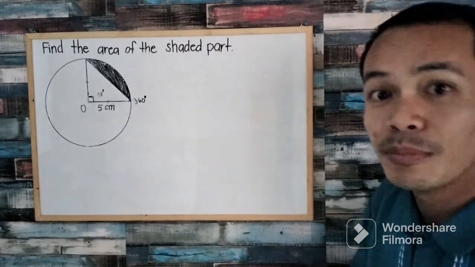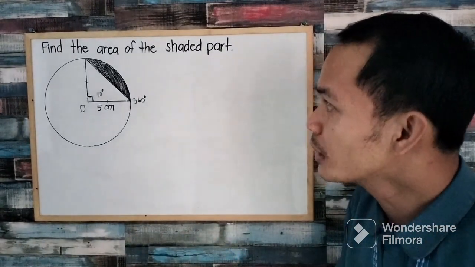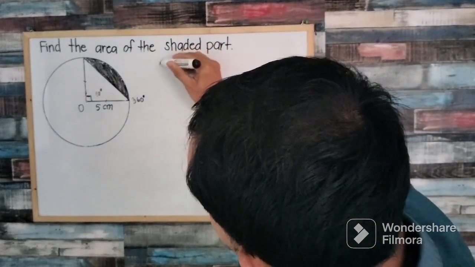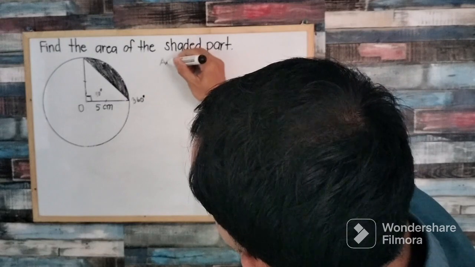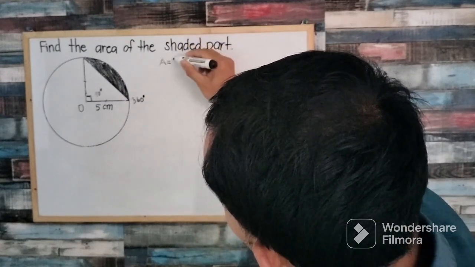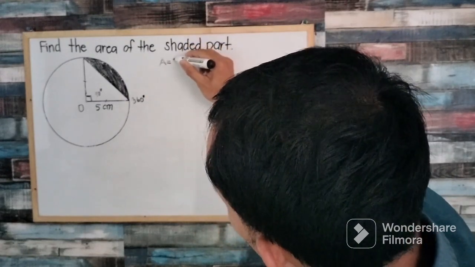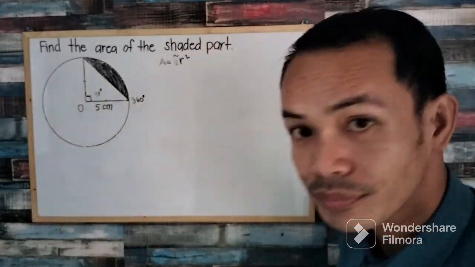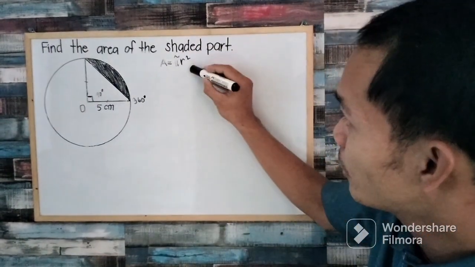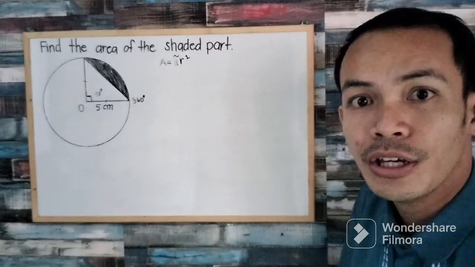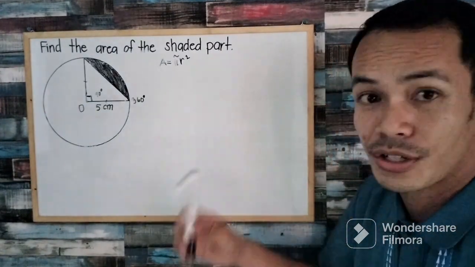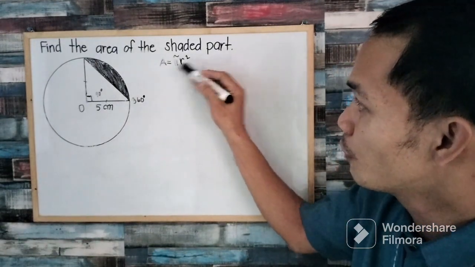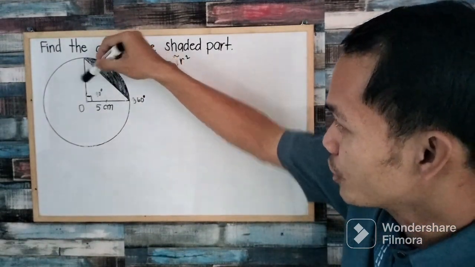But, parang medyo mahirap, right? So, ang gagawin natin dito is, gagamitin natin yung formula ng finding the area of a circle, which is area equals to pi r squared. Okay? Ito yung the formula in finding the area of the circle. Okay? Magagamit natin to find the area of this portion here.